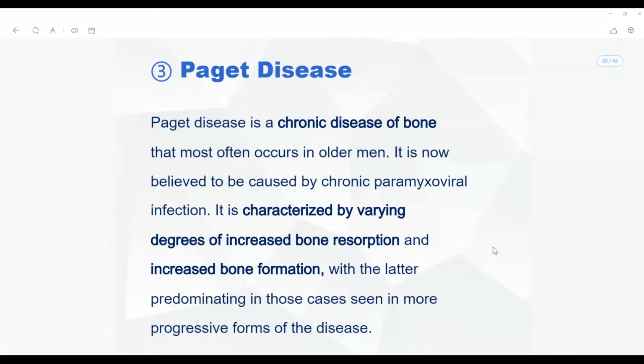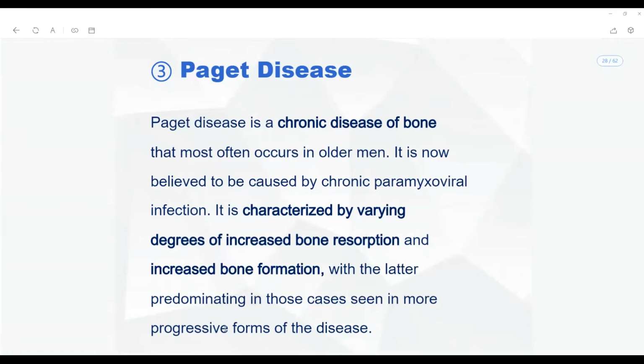It is characterized by varying degrees of increased bone resorption and increased bone formation. Which means there is an overactivation of the osteoclasts and an overactivation of the osteoblasts as well. That is called Paget's disease.